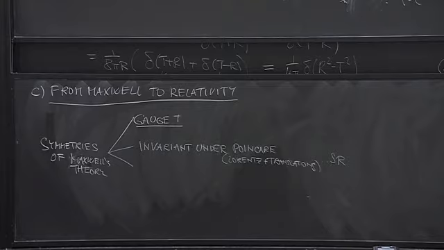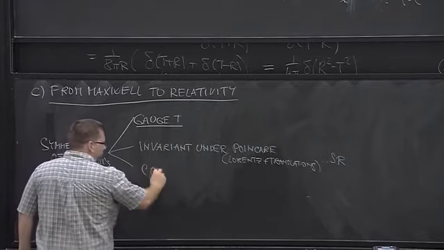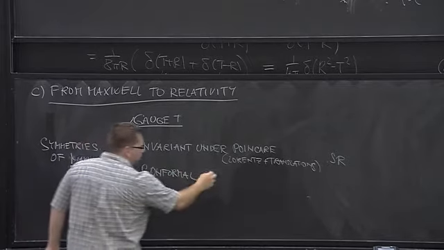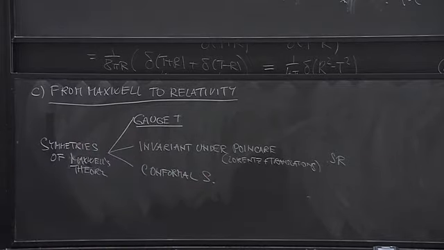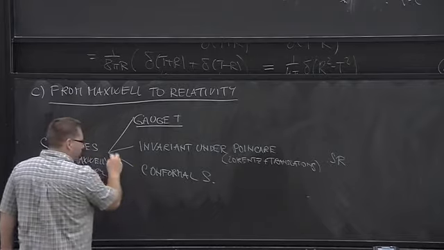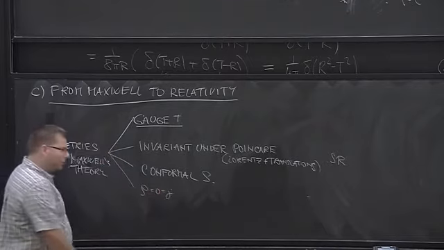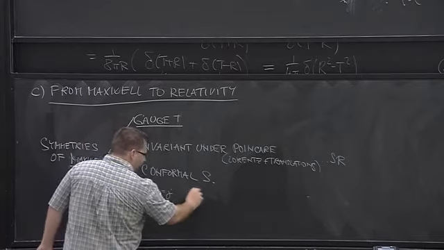It also has a conformal symmetry. It's a conformal field theory, so in particular it's invariant under change of scale. And finally, if the source is equal to 0, you also have an interesting duality, which is the electromagnetic duality.